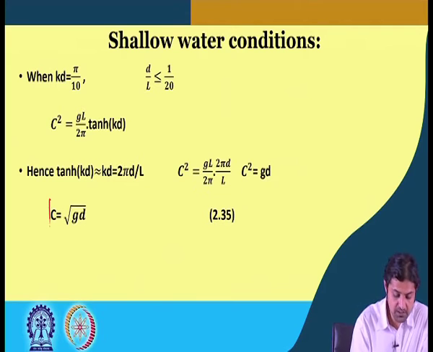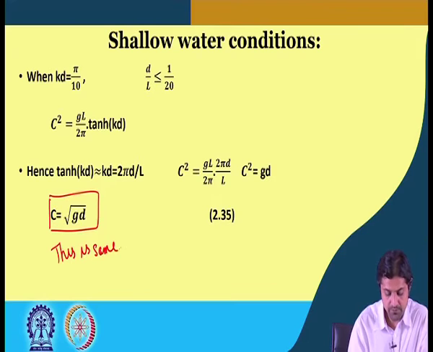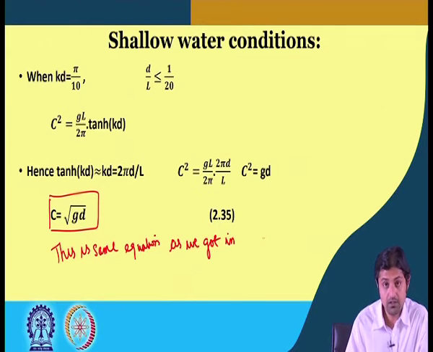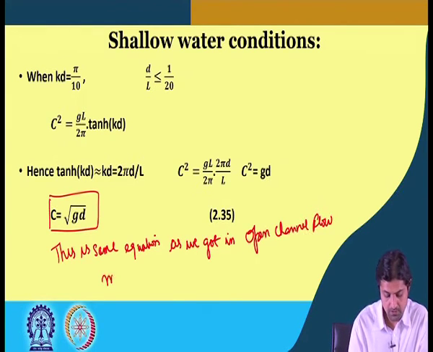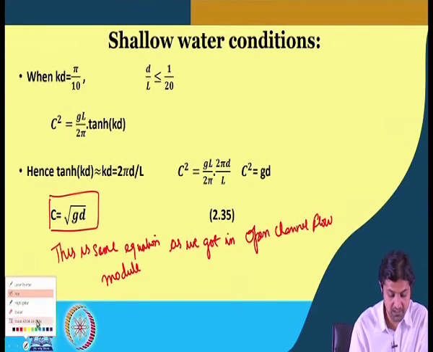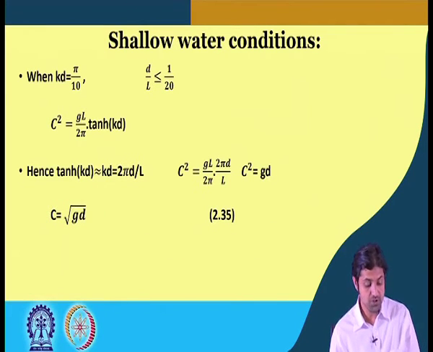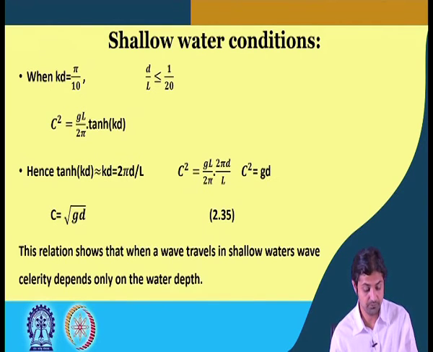If you recall, this is the same equation as we got in the open channel flow module. Remember, we got C is equal to under root gd by applying the principles of continuity, momentum and energy balance. Okay, so in shallow waters, wave speed is under root gd, where d is the depth of the water.